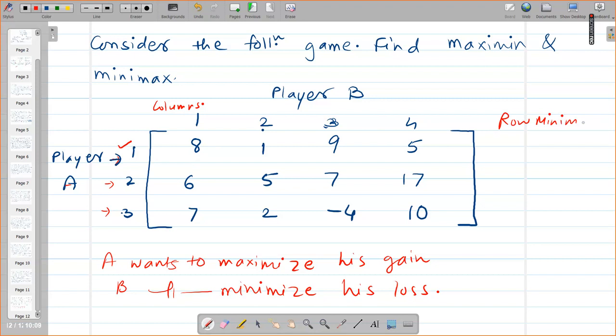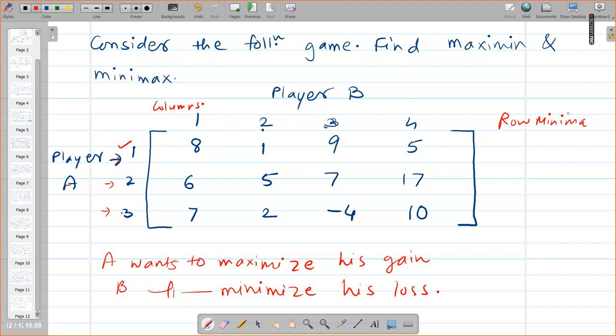Why row minima? Can anyone tell me? Why should I find row minima? Why I should not find row maxima? Among these numbers, first row numbers 8, 1, 9, 5. Why should I find row minima? Minimum entry. Why should I not go for maximum entry?